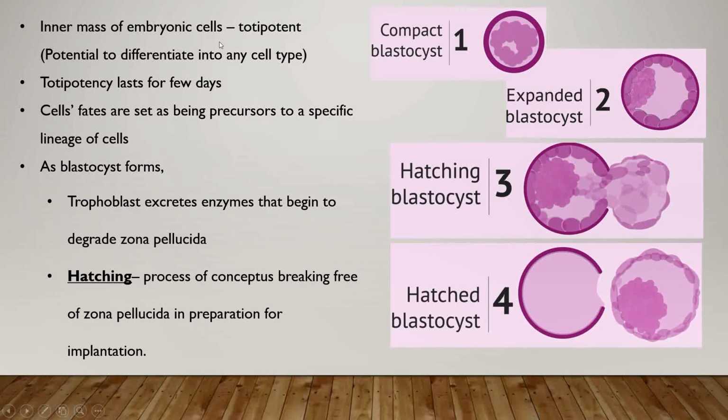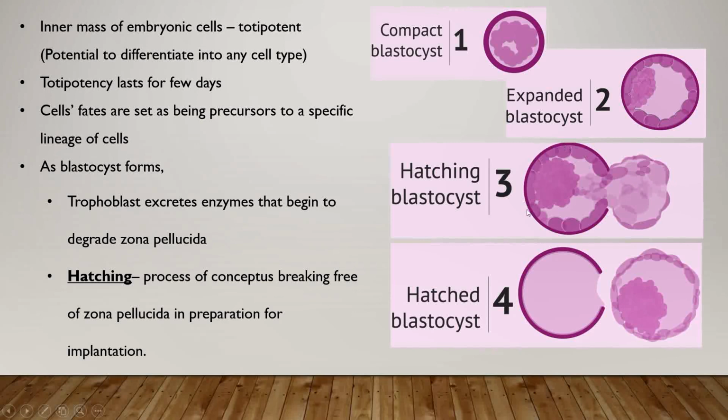So the inner mass of embryonic cells is totipotent. Totipotent means potential to differentiate into any cell type. This totipotency lasts for a few days, and the cell fates are set as being precursors to specific lineages of cells. Now as the blastocyst is being formed, the trophoblast excretes enzymes that begin to degrade the zona pellucida.